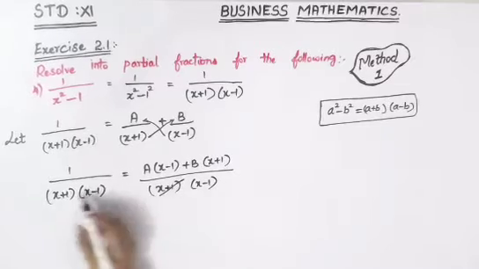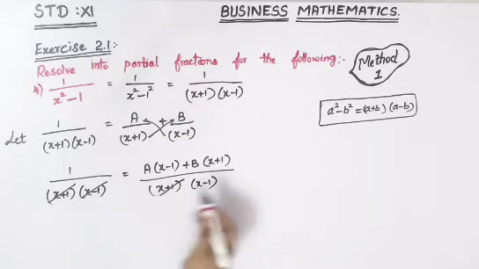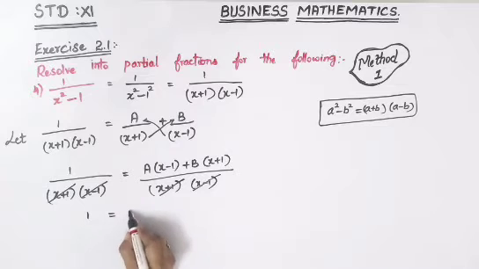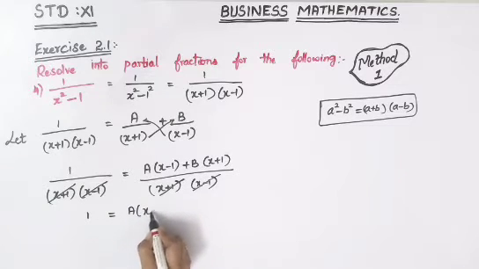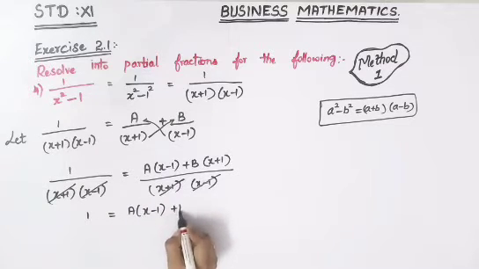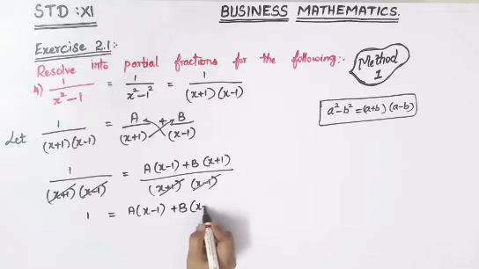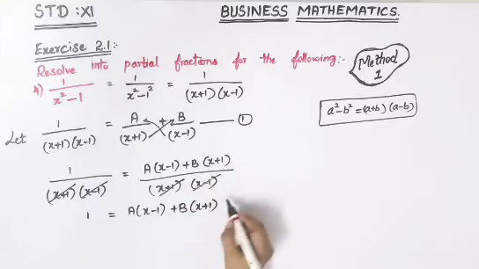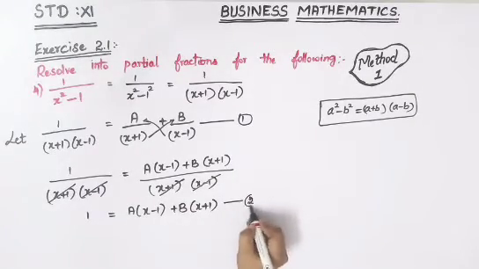So you can cancel x plus 1 and x plus 1, x minus 1 and x minus 1 will go. The left out term will be 1 is equal to a into x minus 1 plus b into x plus 1. We'll mark this as equation 1 and this as equation 2.